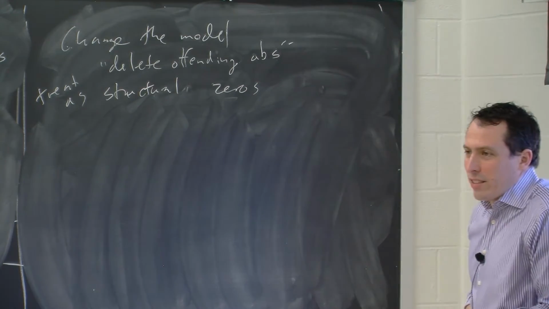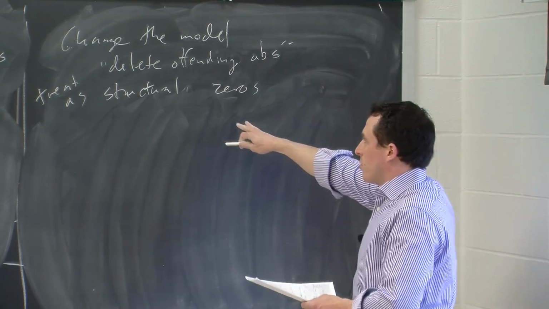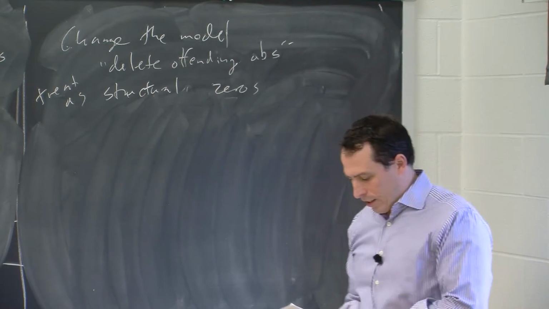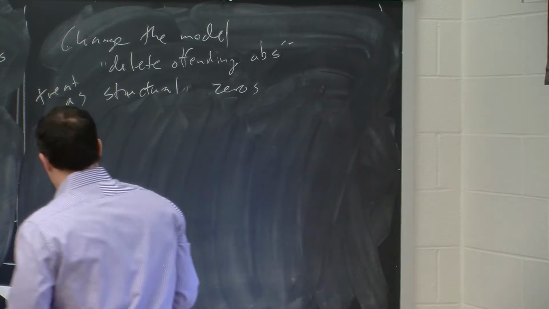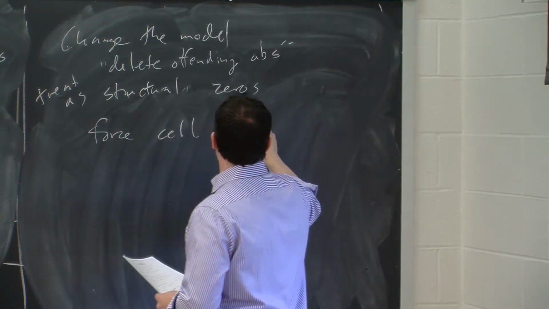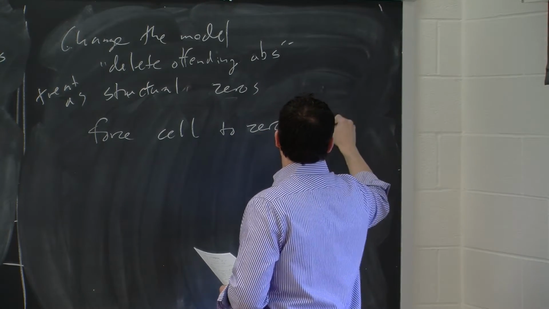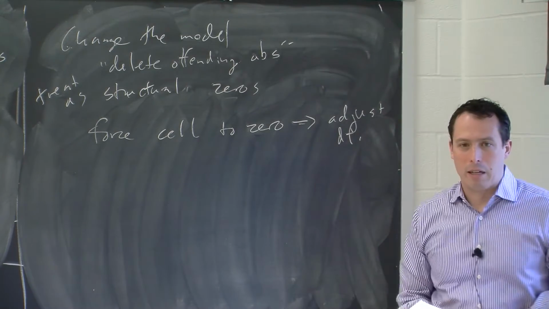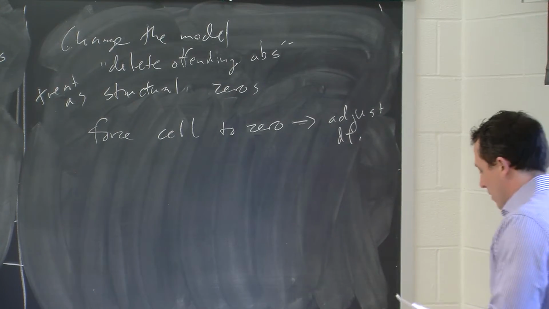There should be a good reason for this, of course, because saying it's a structural 0 is saying that not only did it not happen in my sample, but it will essentially never happen. And when we force a cell to be 0, we have to adjust the degrees of freedom, because we've reduced the dimension of our model. We've reduced the number of parameters we need to describe it.